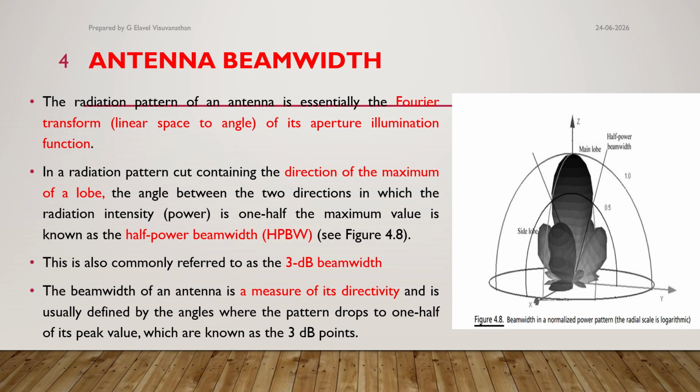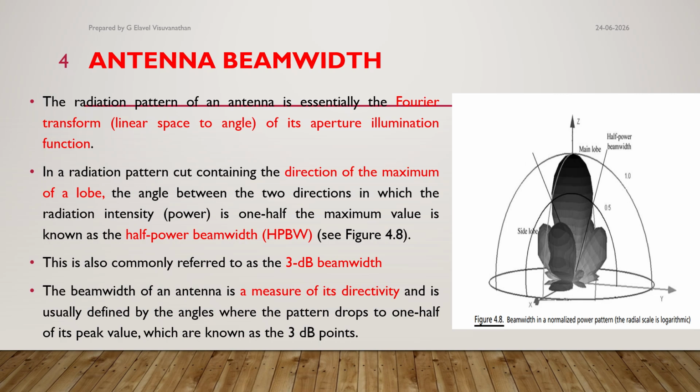The radiation pattern of an antenna is essentially the Fourier transform of its aperture illumination. In a radiation pattern, in cuts containing the direction of maximum of a lobe, the angle between two directions in which the radiation intensity is one half the maximum value is known as the half power beamwidth.